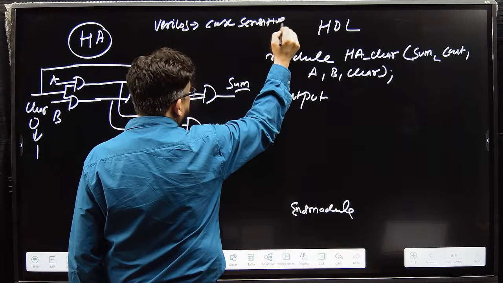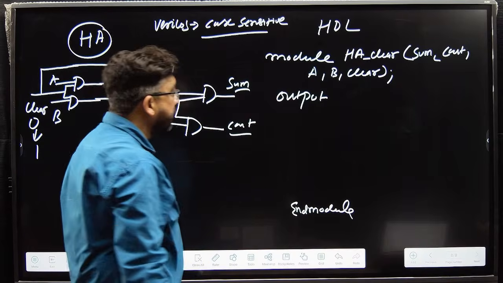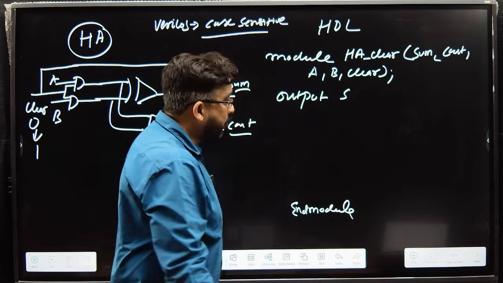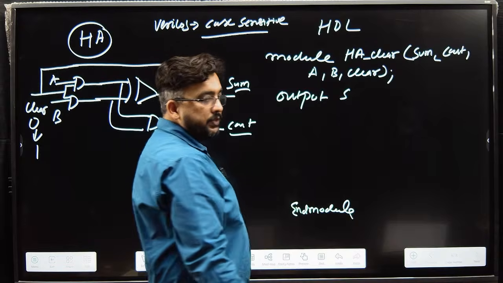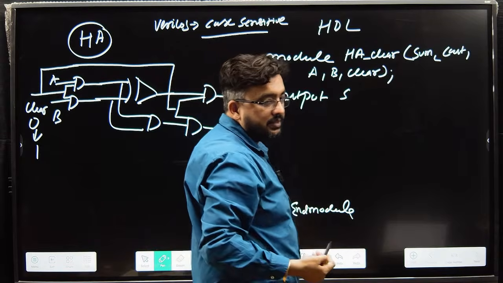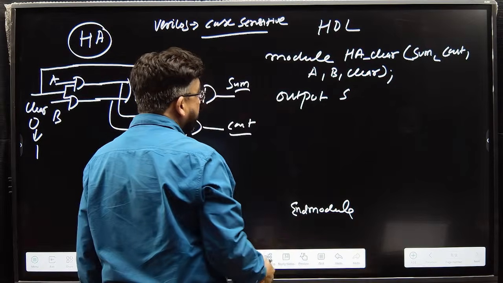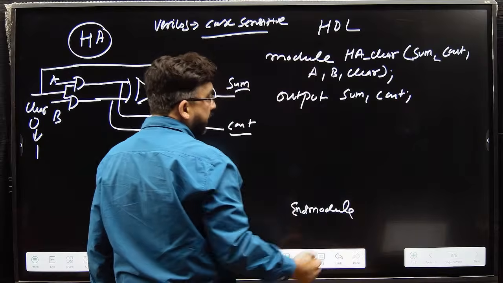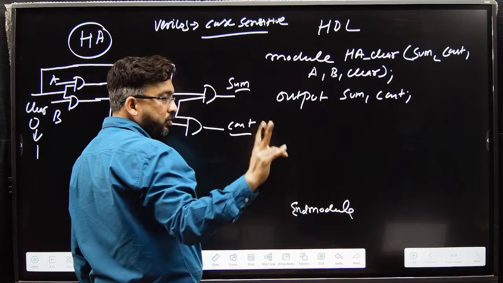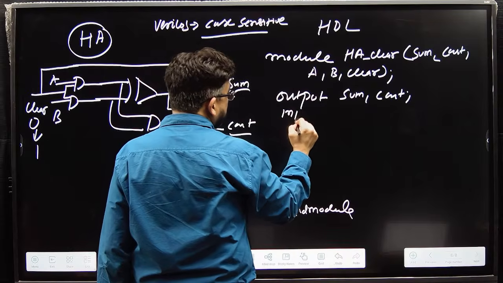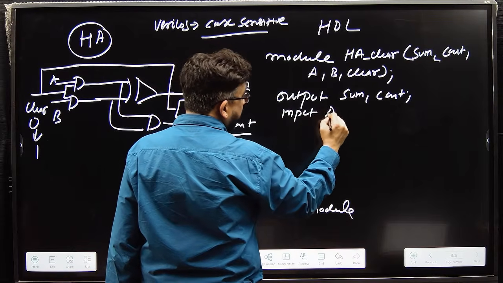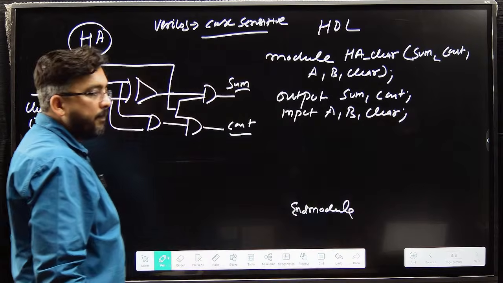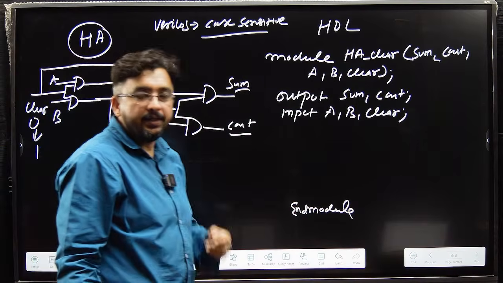So if you are using a capital letter S, then you write the capital letter S. If you use a capital letter S here and a small letter S there, then it will give an error. Output sum, Cout, semicolon done, because you have only two outputs. Then you have input A, B, and clear.